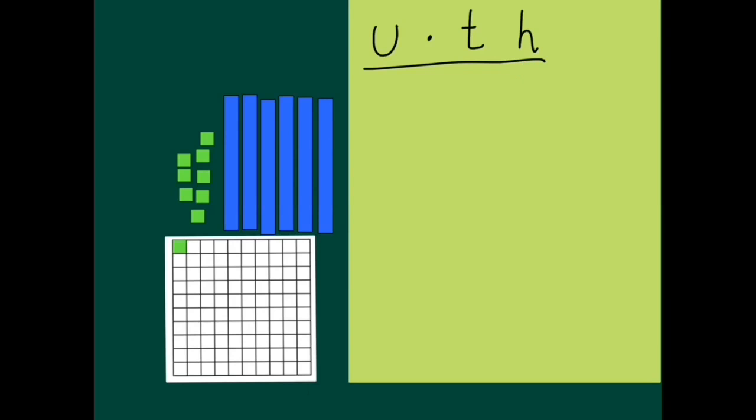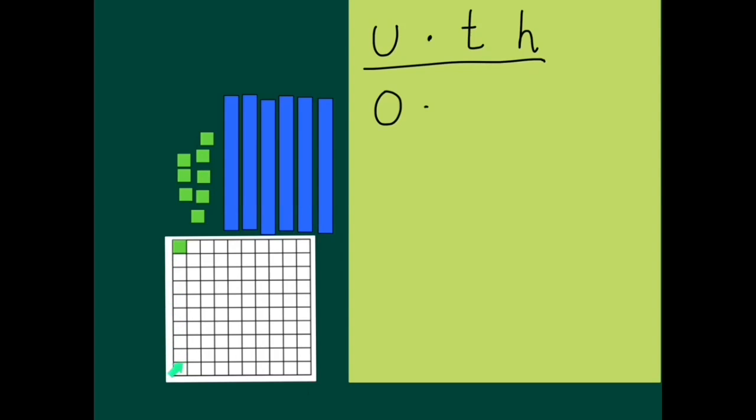Again, I can ask myself questions to help me work out how to write this number down. Do I have any whole units? I don't. So I simply put in a 0, followed by a decimal point. Do I have any tenths? Well, I don't.